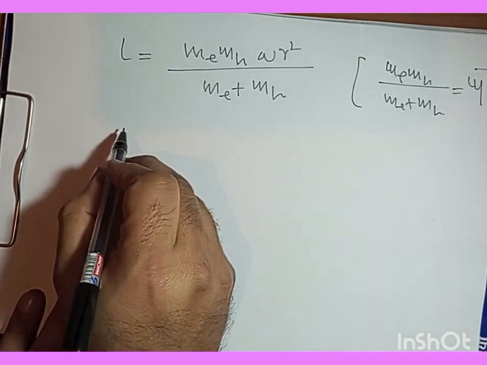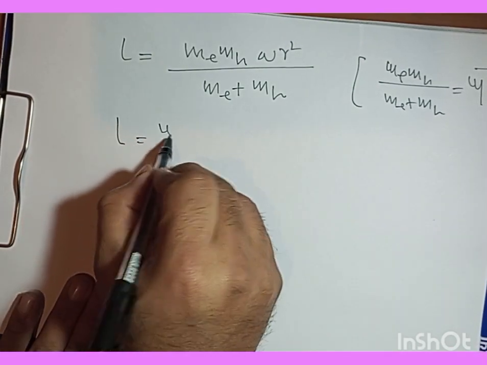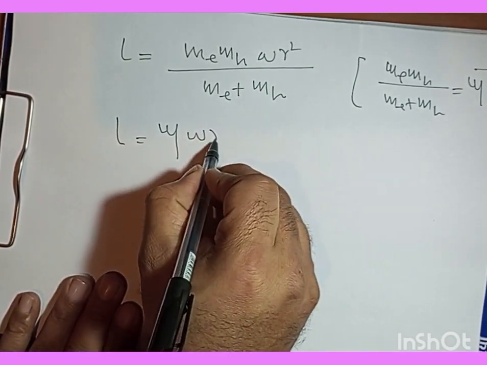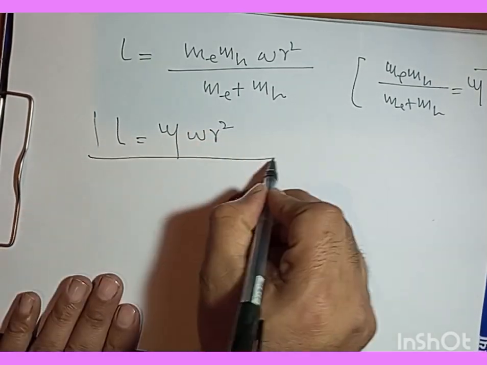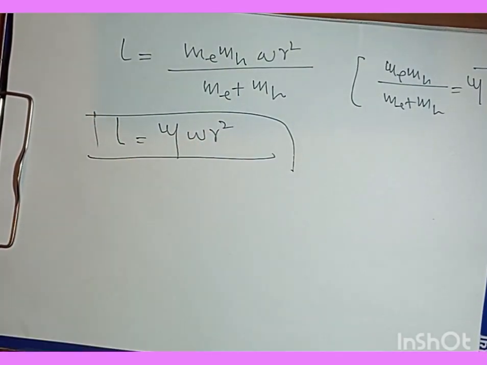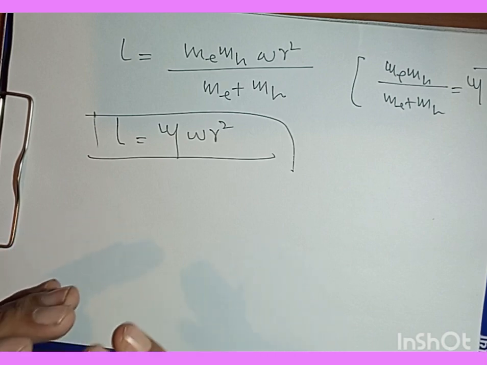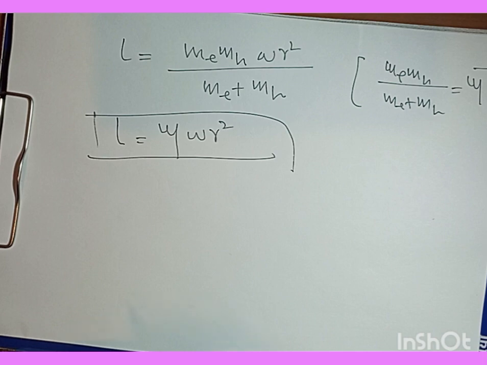This is mu. So L will be mu times omega r square. So this will be our angular momentum of this system of electron and the nucleus.